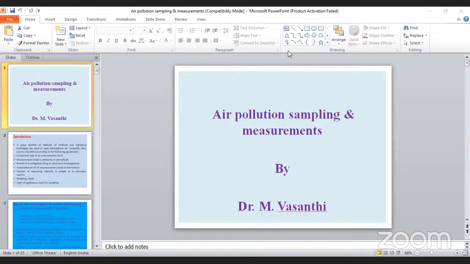And how can we give that report of air sampling? Sampling itself is difficult. I said 2 methods, and the remaining I will see in the course of time. In between, many things are there: how you take the sampling, how you can analyze it.